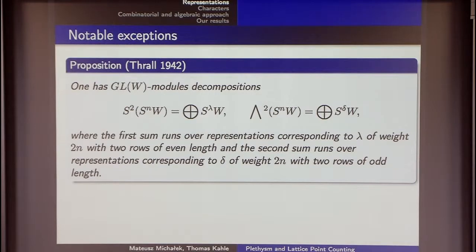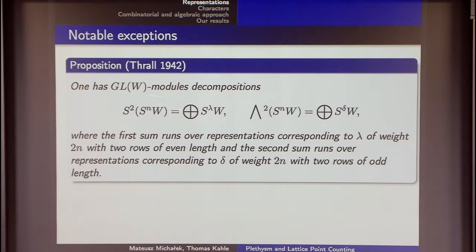And it turns out that the multiplicity is always 1 or 0. It's precisely 1 when your lambda has just 2 rows and both of them are even. So I would interpret these results as: Thrall understood quadrics in coefficients of arbitrary polynomials.